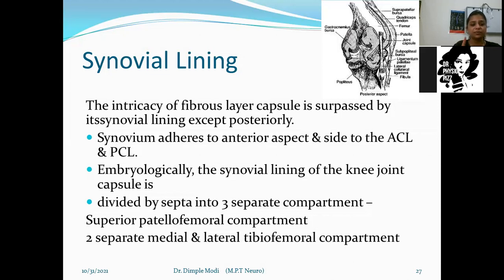The synovial lining of the joint capsule is very complex and extensive. Posteriorly, the synovium breaks away from the inner surface of the fibrous joint capsule and invaginates anteriorly between the femoral condyles. So both the ACL and PCL are contained within the fibrous capsule.